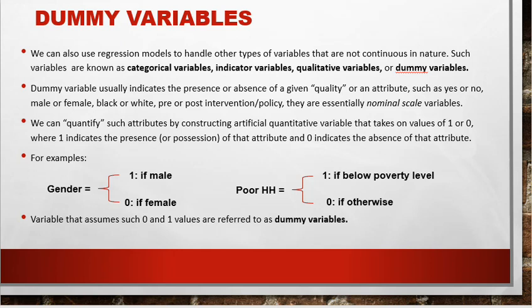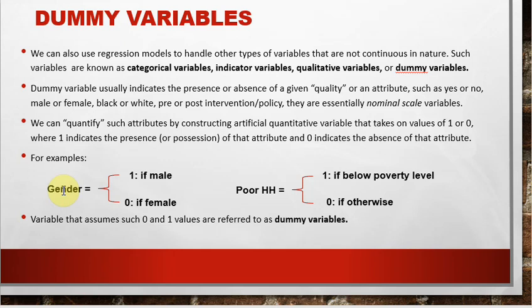Okay, now we can quantify such attributes by constructing an artificial quantitative variable that takes on values of 1 or 0, where 1 indicates the presence or possession of such attribute and 0 indicates otherwise. A typical example is what is stated here, where we are looking at gender, and you want to do analysis, and you've asked people to indicate their gender.